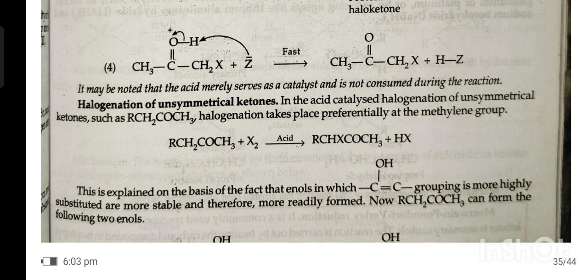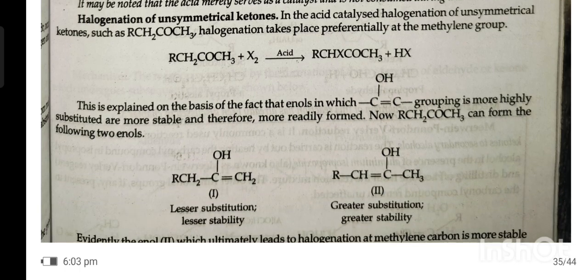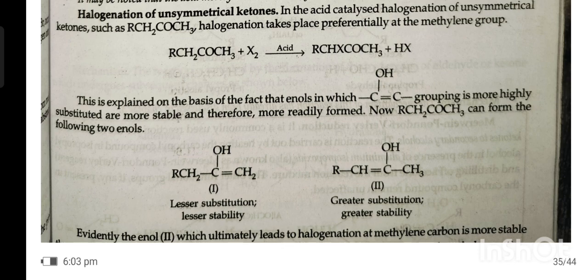Halogenation of unsymmetrical ketones in acid catalysis. Halogenation of unsymmetrical ketones such as RCH2C=O CH3 takes place preferentially at the methyl group. This is explained on the basis of the fact that enols in which the C=C-OH grouping is more substituted are more stable and therefore form more rapidly. Now RCH2C=O CH3 can form the following two enols.